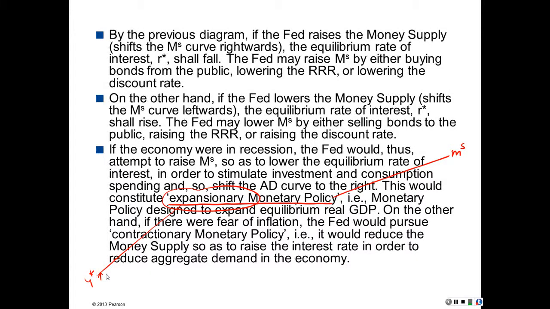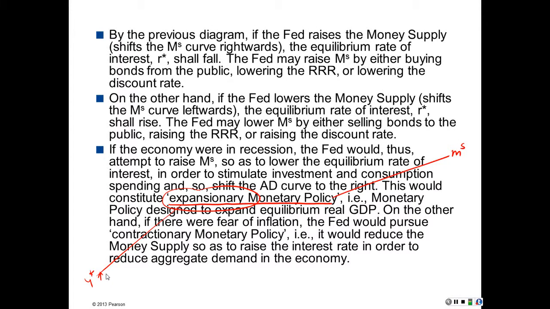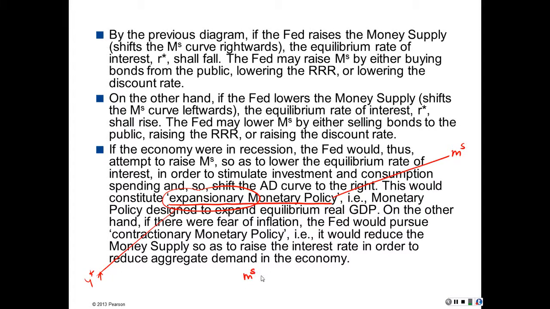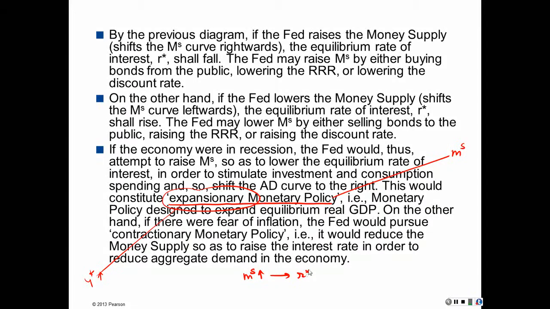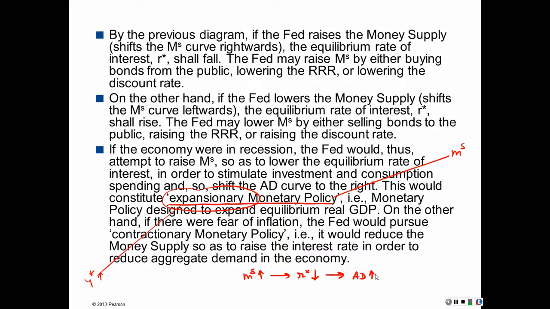Now, would an increase in the money supply cause the equilibrium real GDP to go up? Will it? Yes, it will, because we've learned that an increase in the money supply causes the equilibrium interest rate to fall, and a fall in the interest rate causes AD to rise because consumption, investment, and net exports are stimulated.